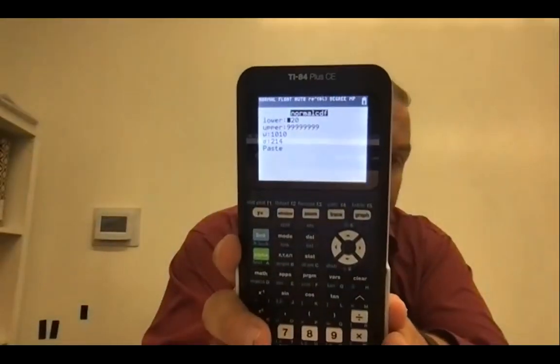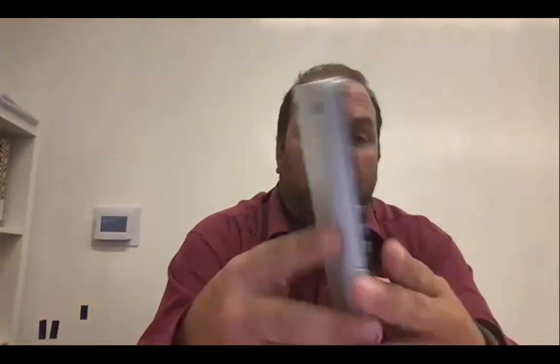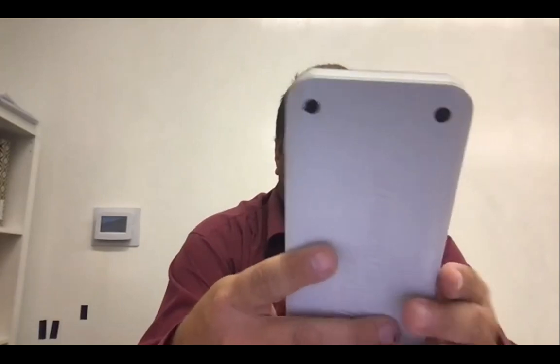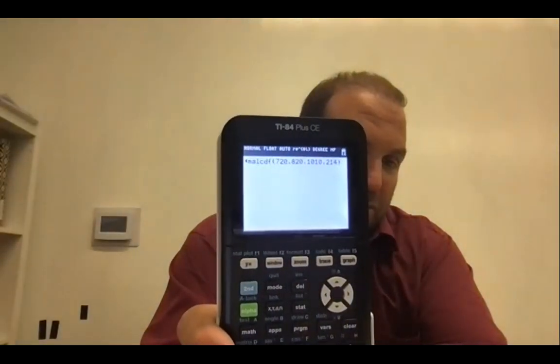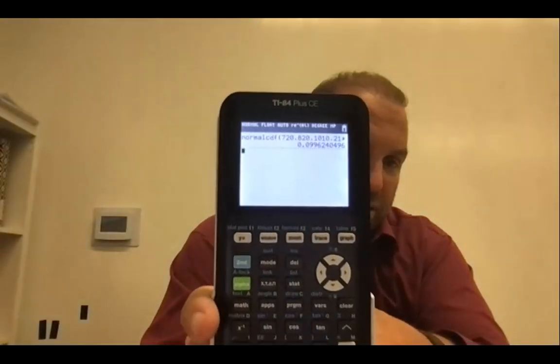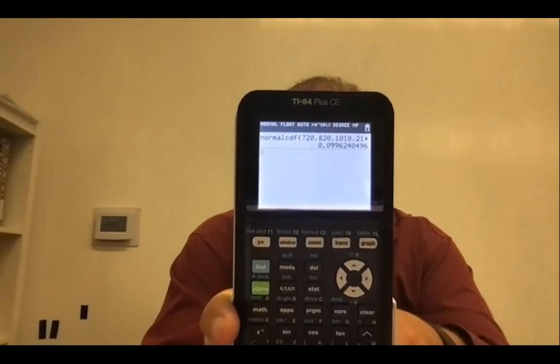What do I want to put as my lower? 720. My upper? 820. And with what mean? 1010. What deviation? 214. Enter, and what do I get? 9.96%.